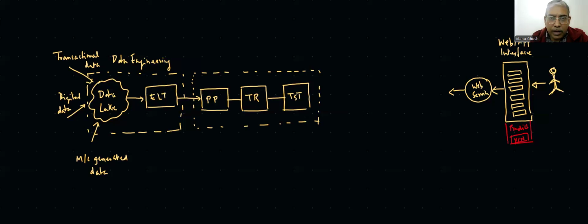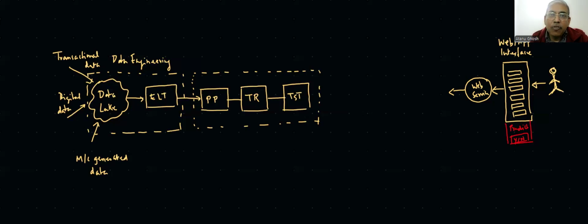But then that's not good enough. When we train the model, the data went through some pre-processing, like missing values, outlier detection, multicollinearity check, etc. Now, the data that is input over here may have the same problem. For example, it may also have missing values. It may also have outliers.